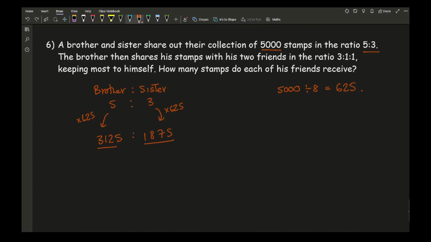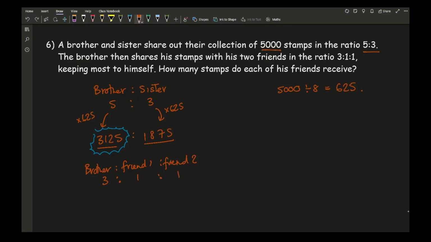Now all I'm focused on is the amount that the brother has got, which is this amount here. So this now becomes my new amount. So what this brother has then done is he shares his stamps. So here now we've got brother and we've got friend 1 and we've got friend 2. And that's in the ratio of 3 to 1 to 1.